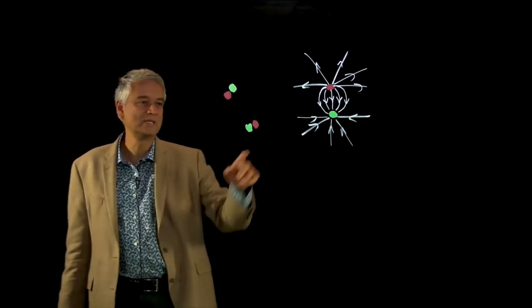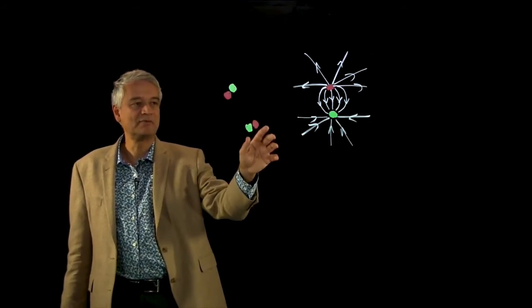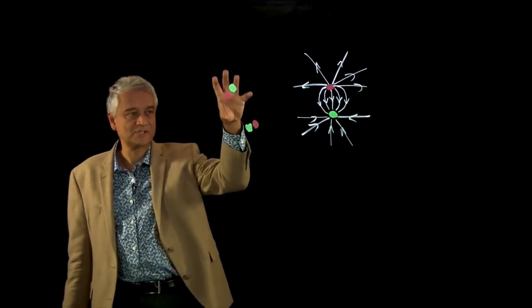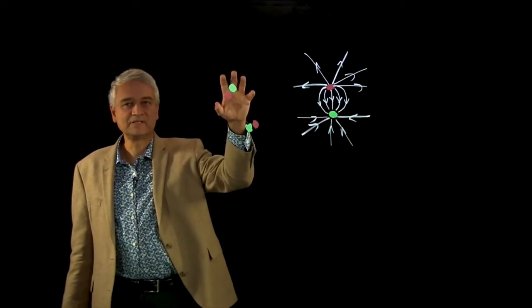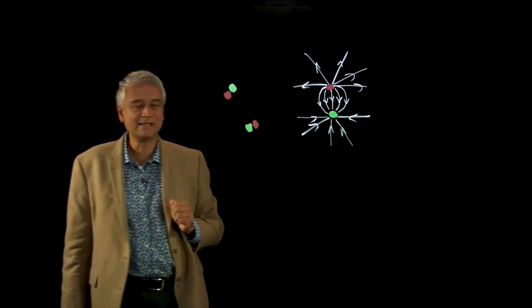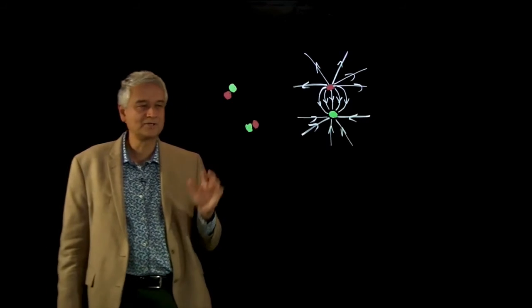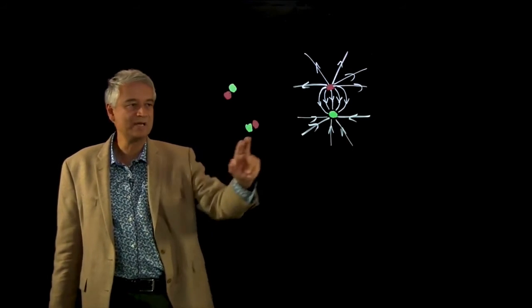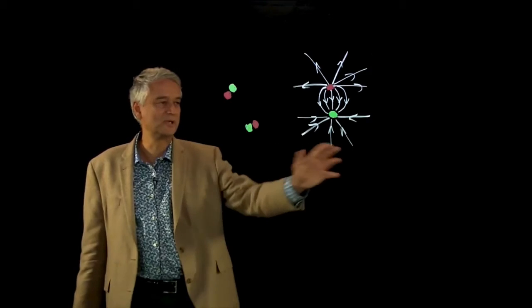Okay, so now we ask ourselves, what's going to happen in a situation like this? We have these 2 dipoles. The electric field from this dipole is going to exert a torque on this one, making it turn. And the electric field from this dipole is going to exert a torque on this one, making it turn. We're going to do the calculation later. We will see how electric fields make dipoles turn. We will see how dipoles themselves make electric fields. You can already see that.